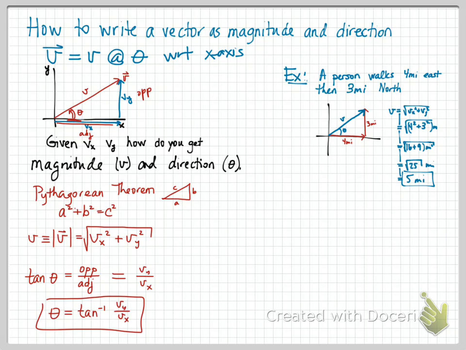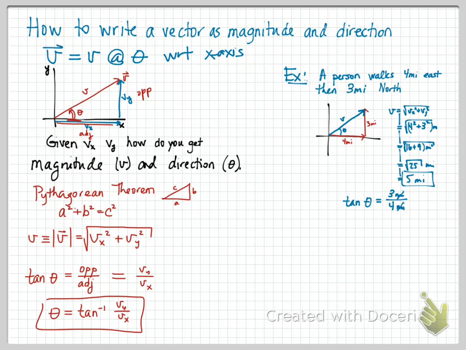And then the last thing, we need 2 pieces of information always for a 2D vector. So the last thing is that we need to get that angle. And so the tangent of theta is the opposite side, which is the 3 miles, over the adjacent side, which is the 4 miles. Miles cancel. Anything inside the tangent, or the tangent of the angle, anything there has to be unitless.